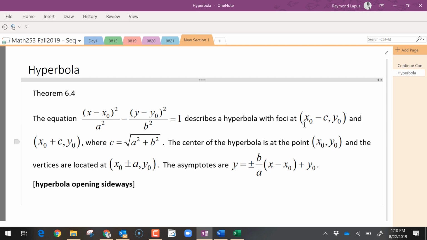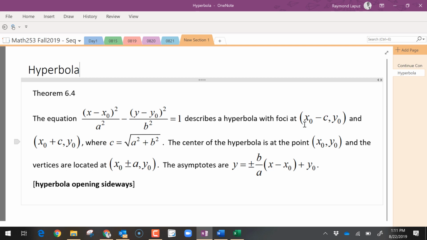C is a little bit different from last time. When we had an ellipse equation, c squared was a squared minus b squared, or b squared minus a squared, depending on which way the ellipse is oriented. But the hyperbola is different because it's a squared plus b squared. So that's the difference between the hyperbola and the ellipse.